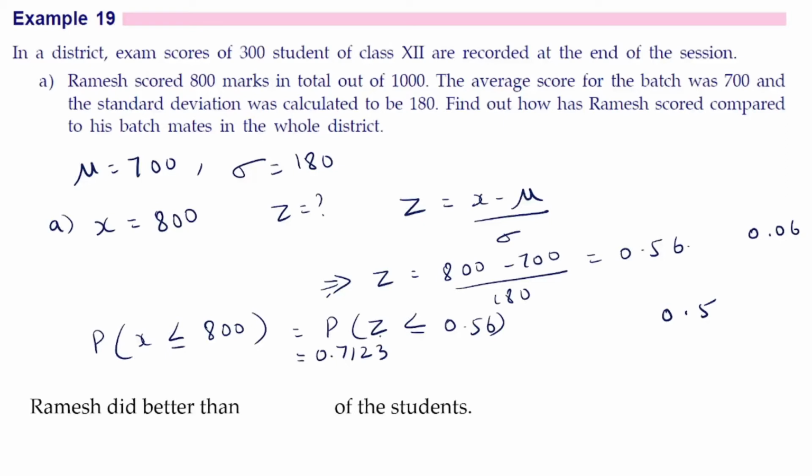Here this 0.7123, if you want, we can write it in terms of percentage. It is equal to 71.23%. So this means Ramesh did better than 71.23% of students. So this is how we have to use the z-score table to find the probability.